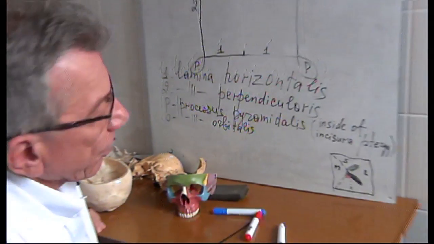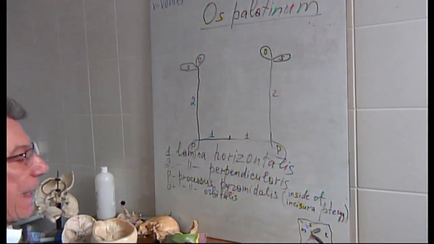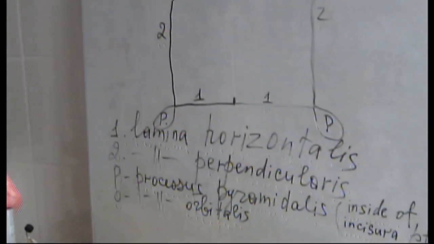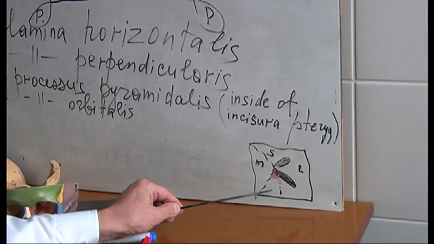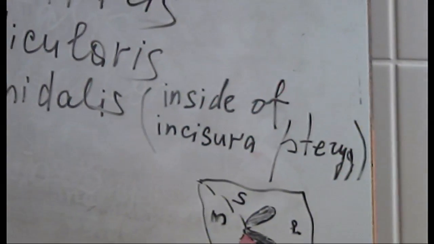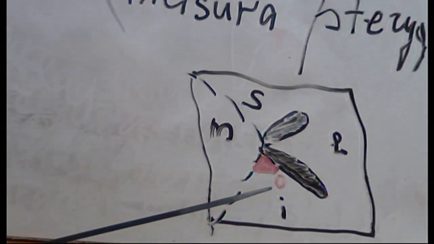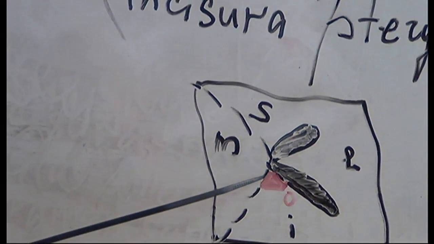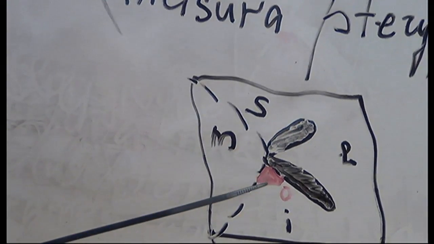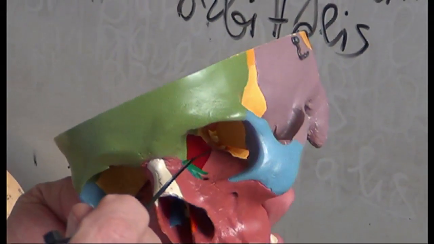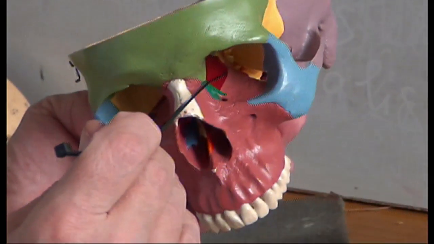Again, let's summarize. Processus orbitalis is located inside of the orbit, exactly in the inferior wall of the orbit, and is a very small part of the inferior wall of the orbit in the deep of the orbit.